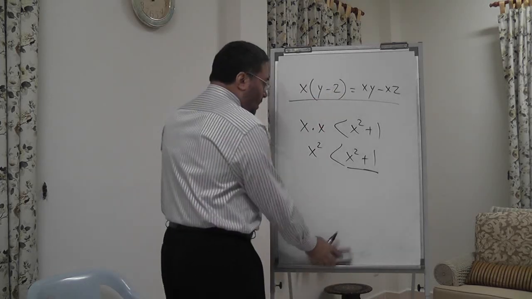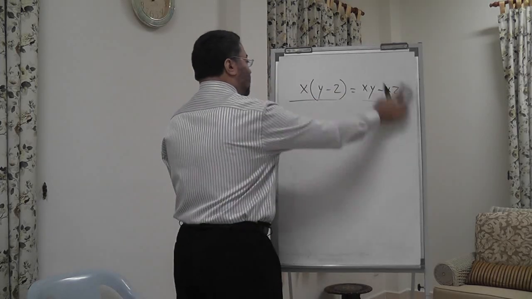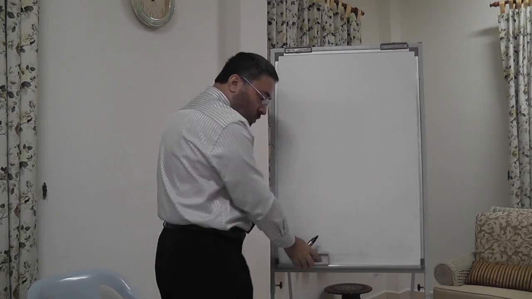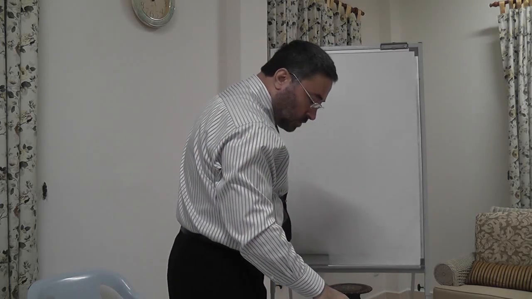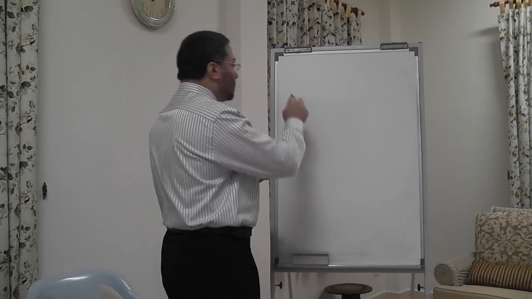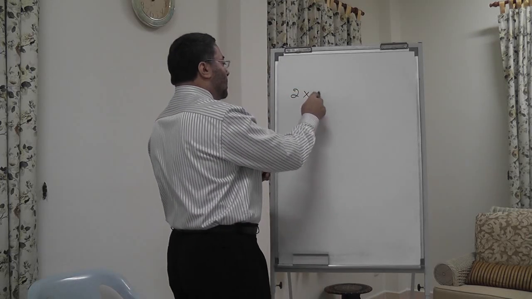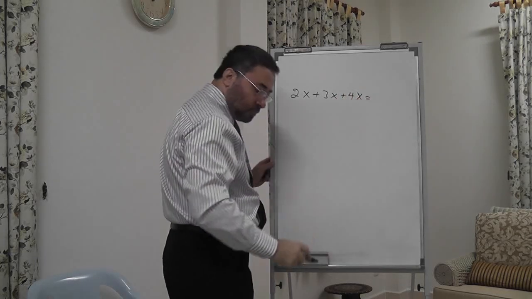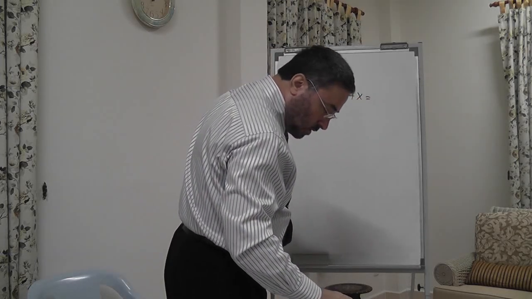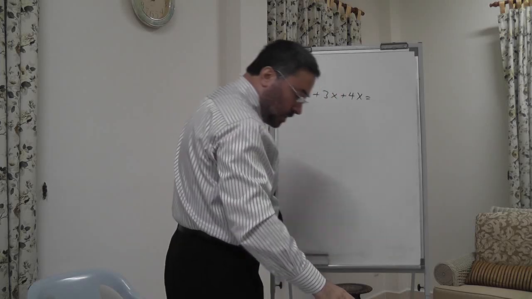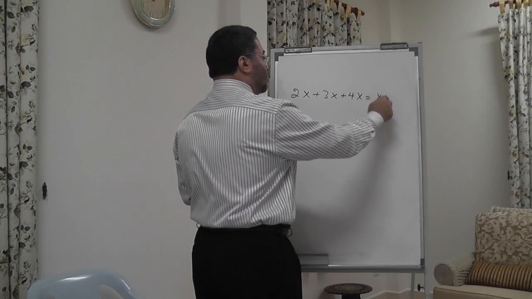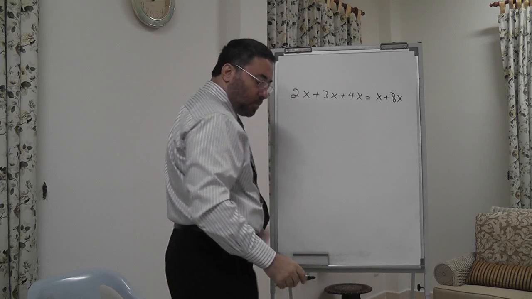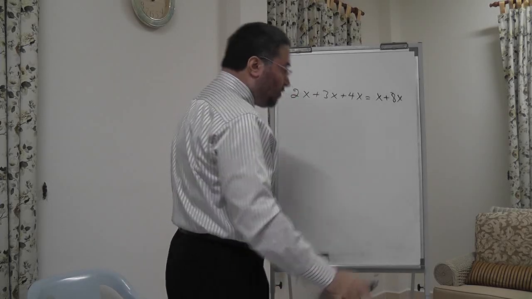We'll do a number of examples, which is in number 42. 2x plus 3x plus 4x. So on one side we have 2x plus 3x plus 4x equals x plus 8x. Here we have a replacement set, which is 1, 2, 3, 4.